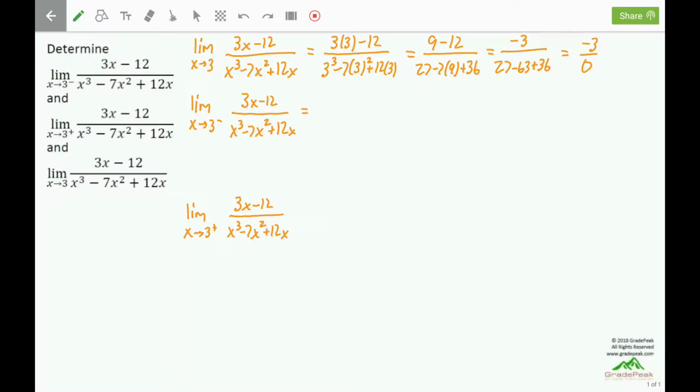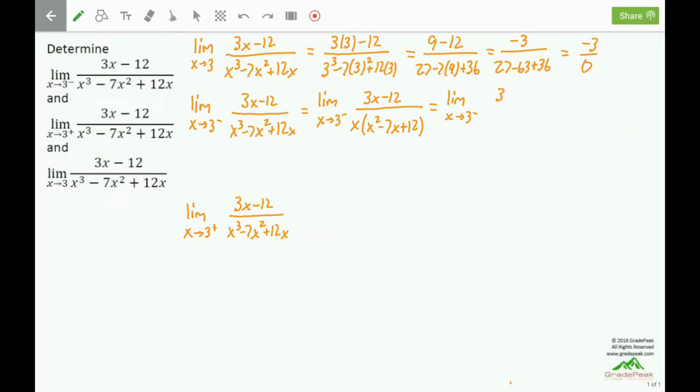The first thing to do is to factor the denominator so that we can see the factor that is making 0 in the denominator. The denominator is a cubic, but since it's missing its constant term, it has an x in every term, and a common factor of x can factor out, leaving behind x squared minus 7x plus 12, which is a trinomial quadratic and can further factor.